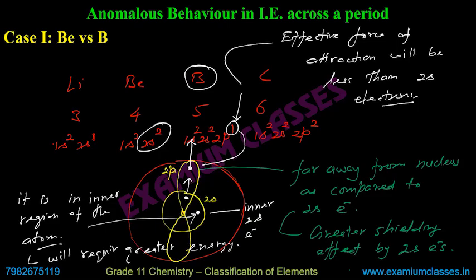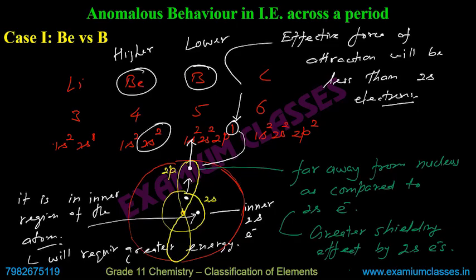Moreover, for 2s electrons, these are in inner region, these will require more energy. So that's why the energy required for beryllium will be higher and for boron it will be lower.